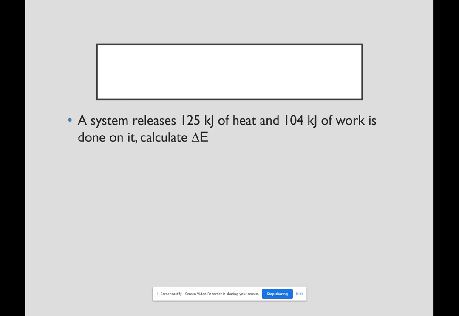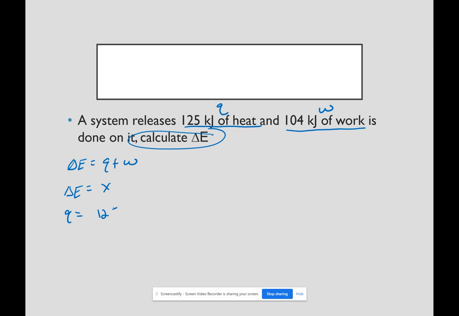So now going back to this question, a system releases 125 kilojoules of heat. Heat is q. 104 kilojoules of work is done on it. We are going to calculate delta E. So delta E is q plus w. Delta E is my unknown. q is 125, but it is releasing 125 kilojoules of heat, and so we're going to show that as a negative 125 because that's being released.